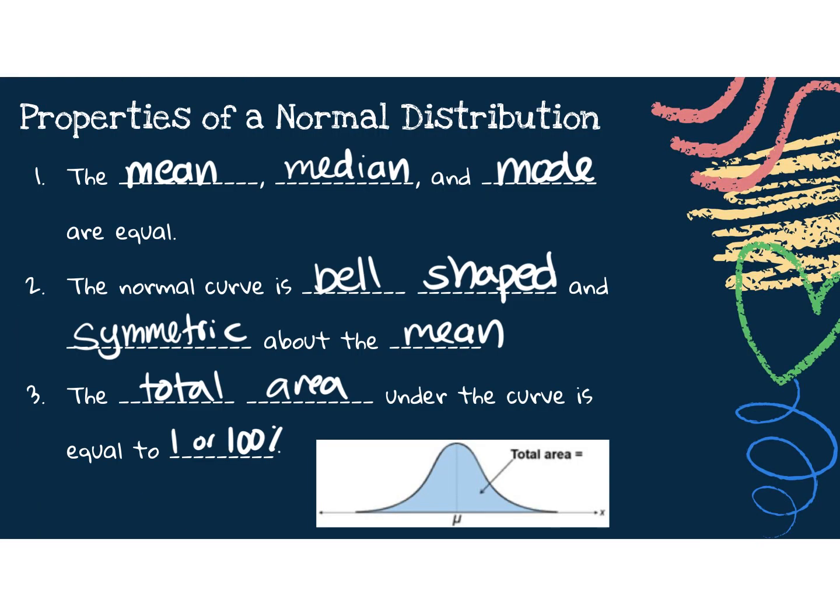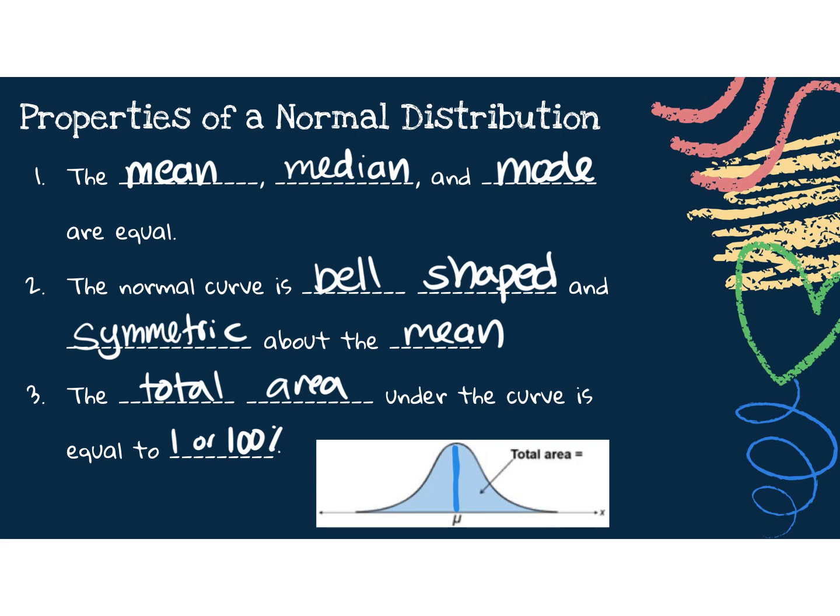So our properties of normal distribution: the mean, median, and mode are all equal, and they're all whatever value is in the middle of your normal curve. That comes from the fact that the normal curve is bell-shaped, which makes it symmetric. When we talked in our last packet about symmetric, the mean, median, and mode were all the same.